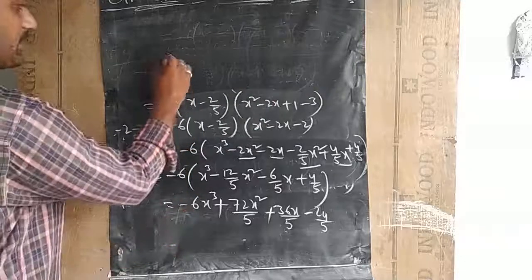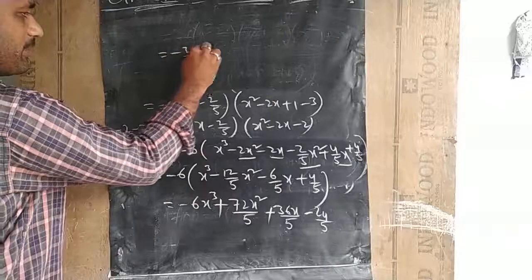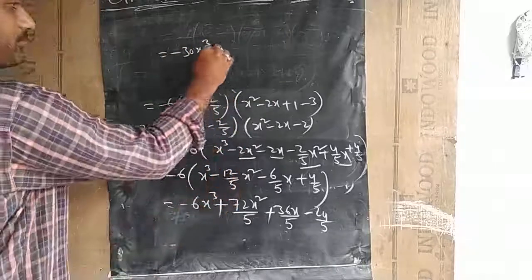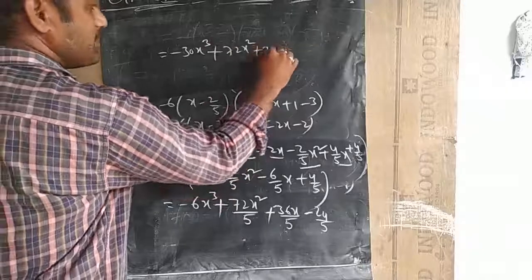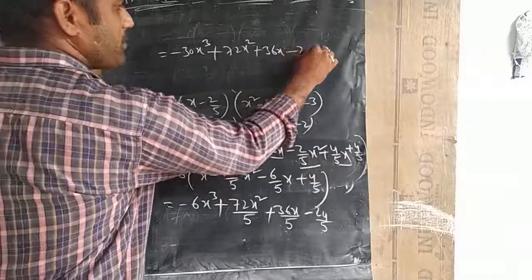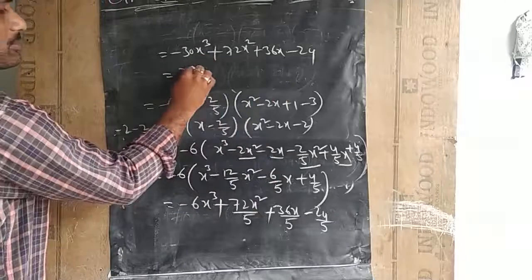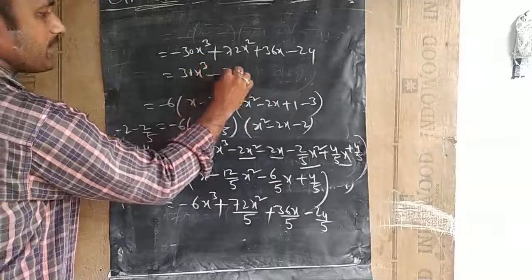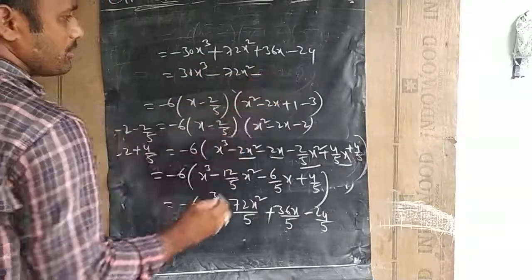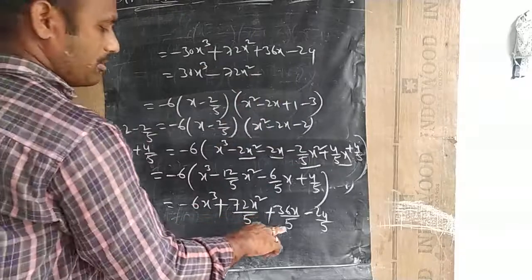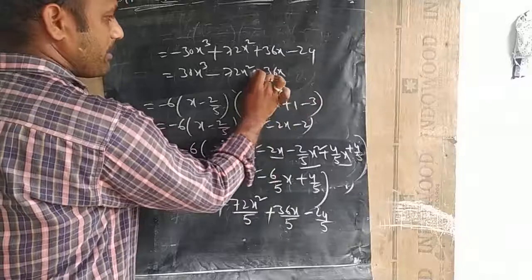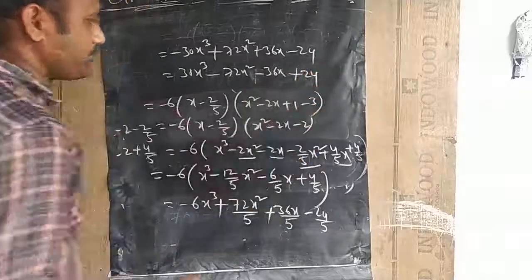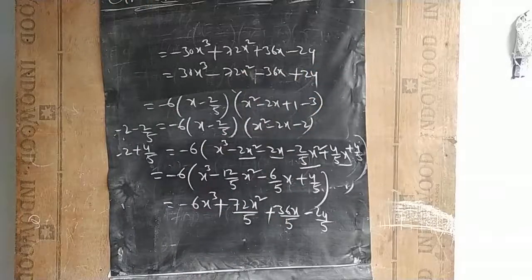So 5 6s are 30. So the answer is minus 30x cube plus 72x square plus 36x minus 24. If I take minus common, 30x cube minus 72x square minus 36x plus 24. This is our cubic polynomial.